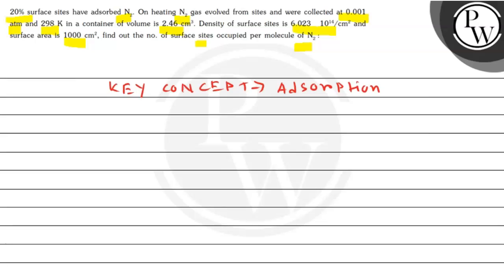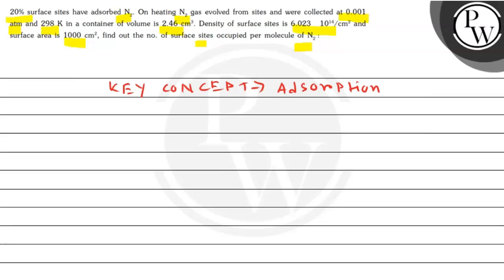Now if you look into this question, you can see that we have the pressure of the N2, the volume of the N2 and the temperature at which the N2 is adsorbed. So we will use the ideal gas equation to calculate the number of moles of N2 present on the surface sites.